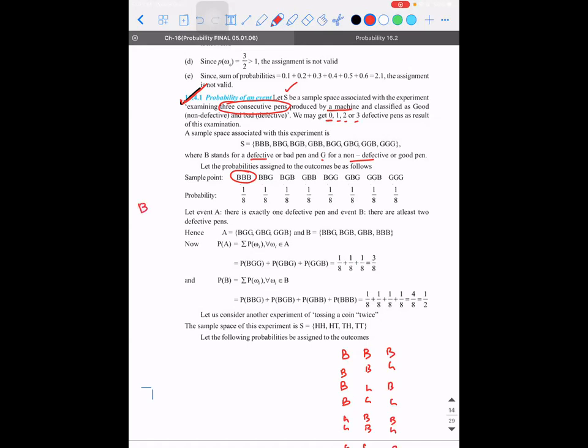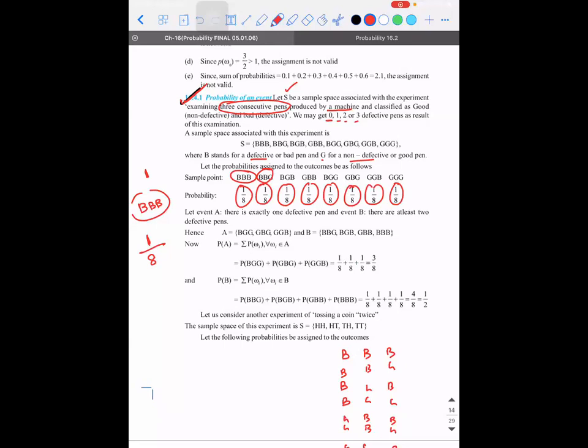If I take BBB alone from the sample space, how many outcomes does this constitute? One, sir. This is one of the 8 outcomes that we have in our hand. So each outcome will have a probability of 1 by 8. Are you guys able to understand?